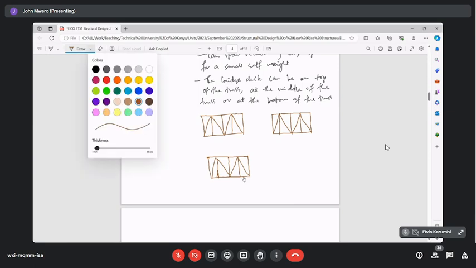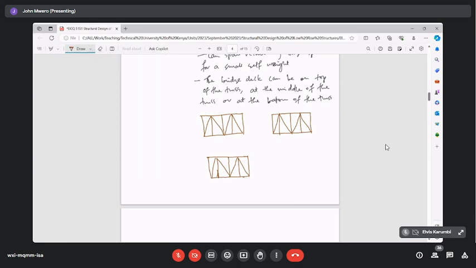So you could have the deck on top of the truss. The bridge deck could be placed there. Or the bridge deck could be placed at the bottom of the truss. I think the footbridge across the railway is this arrangement, where we have a bridge deck at the bottom of the truss.